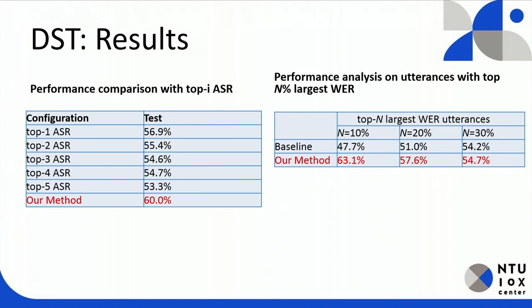And we already submitted the paper to Interspeech, and this is the result we can obtain. We just look at the right table. In the right table, here we show the result of the top 10% largest word error rate utterances. If the word error rate is very large, of course the performance will be very poor.